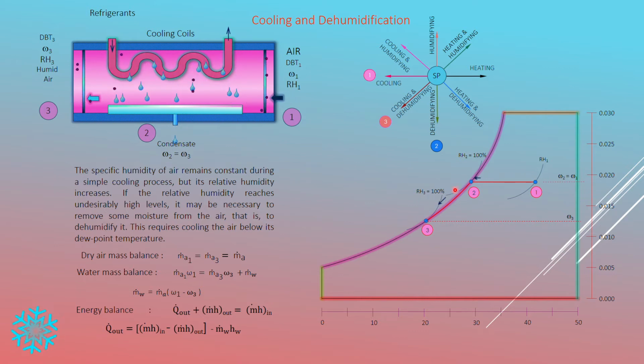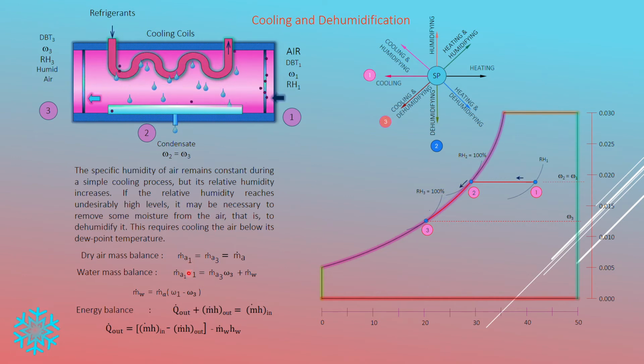It must reach 100% before you can remove any moisture from the air. So this is the dehumidification plus cooling process, that is here, point 3. So you have cooling and dehumidifying process.